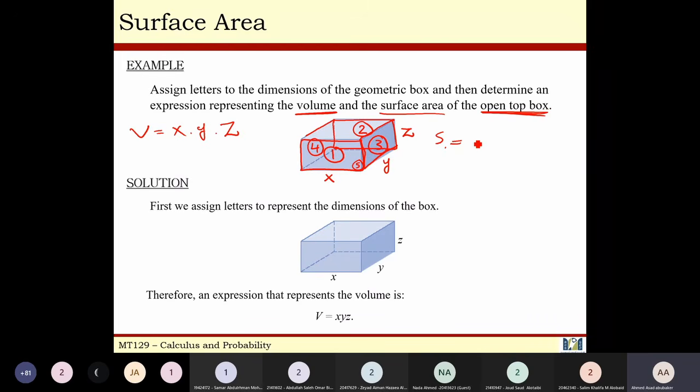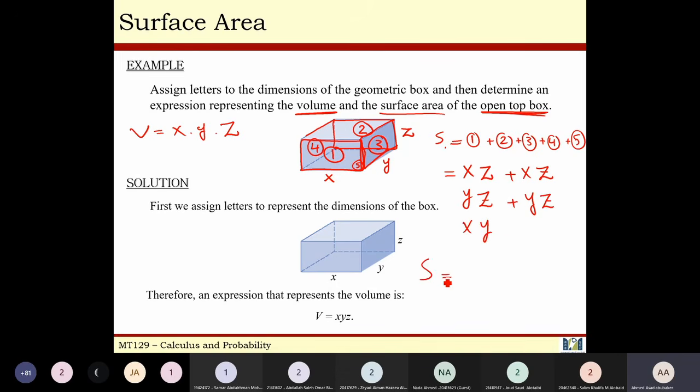So the surface area equals الاريا لل1 plus لل2 plus لل3 plus لل4 plus لل5. So for the first we have x multiplied by z. الطول الx في الارتفاع z، والباك نفس الشيء x z، الفرونت والباك، الواجهة الأمامية والخلفية. طيب اللي على اليمين الرايت y z والليفت y z، البوتوم اللي في الأسفل x y.